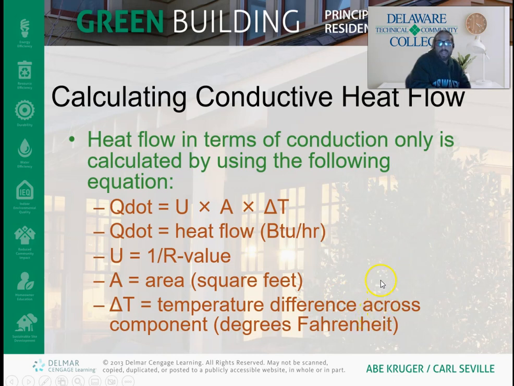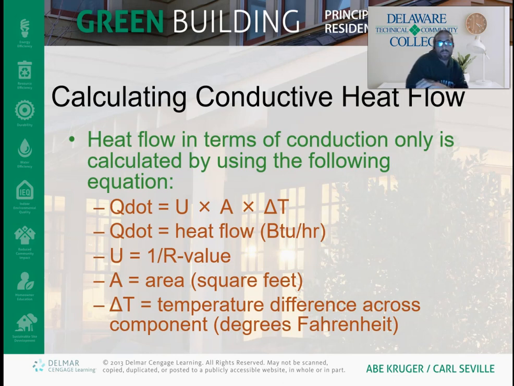And remember, our basic heat loss formula is UA delta T. We'll use that a number of times this semester. It's a very, very important formula in energy management and energy building design. If you're building a house or a commercial building, you need to know all the U values of the various surfaces, and then you look at the temperature difference between the two sides, and that will tell you at any given point what your approximate heat flow is.